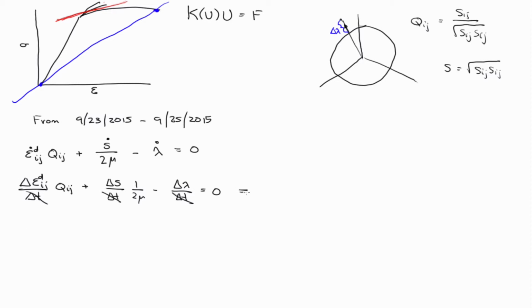So then, from that equation, we can say that the increment of deviatoric strain, Qij, plus the increment of S over 2 mu, minus delta lambda equals 0. So remember, this increment of strain, it's a strain-driven problem.